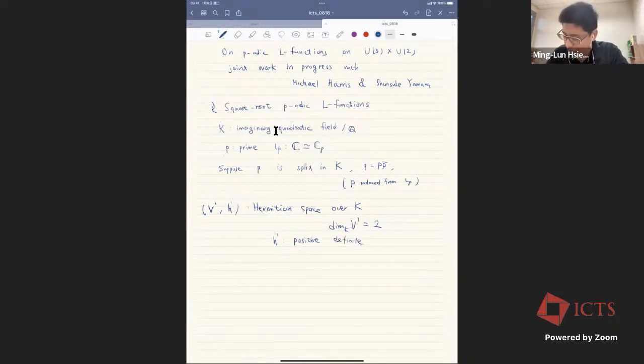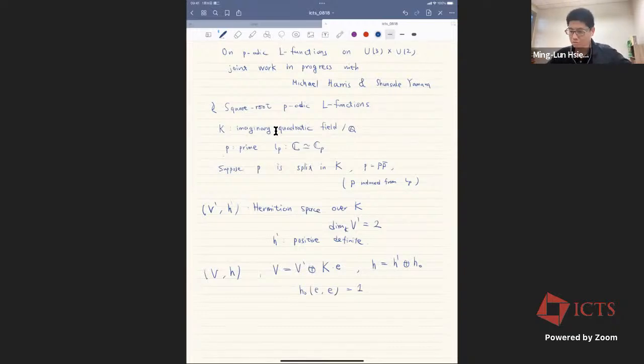I'll let (V, H) be a degree 3 Hermitian space over K, defined as follows: V is V' direct sum K times a vector e, and the Hermitian form H is H' direct sum H_0, where the value of H_0 at (e, e) is 1.